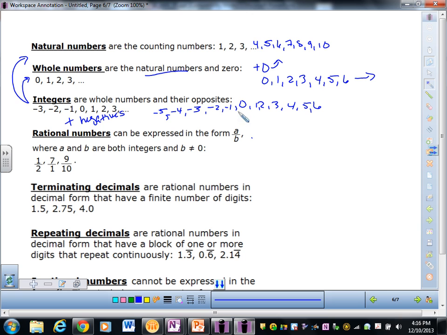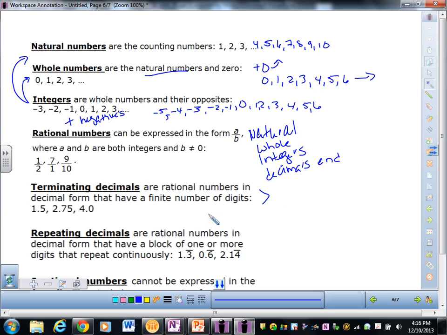Rational numbers means that you have basically anything that's not irrational, and we'll talk about irrational numbers. But your natural numbers are rational, your whole numbers are rational, your integers are rational, decimals that end, the terminating decimals, which are these right here.